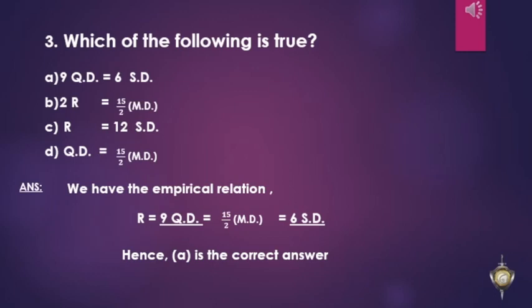Fourth option, quartile deviation is equal to 15 by 2 times mean deviation. We have the empirical relationship range equal to 9 times quartile deviation, which is equal to 15 by 2 times mean deviation, which is equal to 6 times standard deviation. Hence, option A is the correct answer.